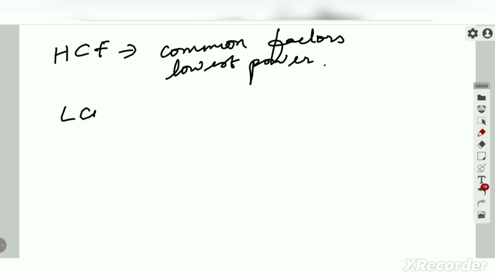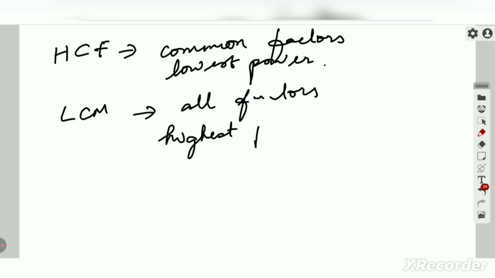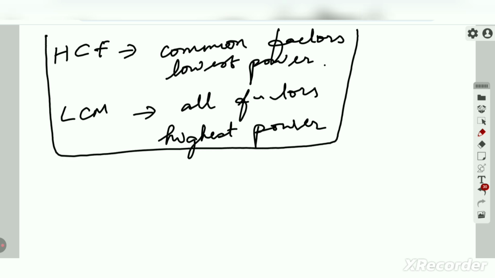And LCM will take all the factors but highest power. Okay, this is something you need to remember without getting confused. HCF takes all the common factors with the lowest power. LCM takes all the factors with the highest power. Thus, prime factorization makes the process of finding LCM and HCF faster and easier.